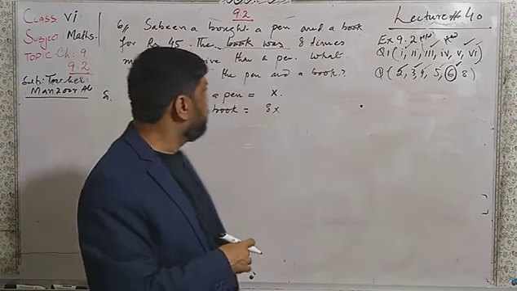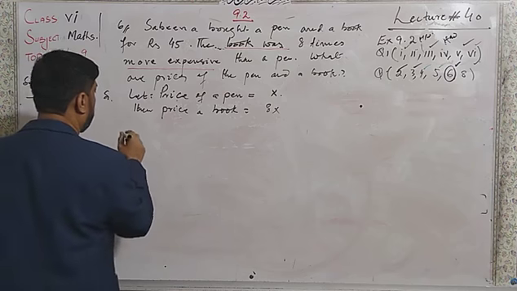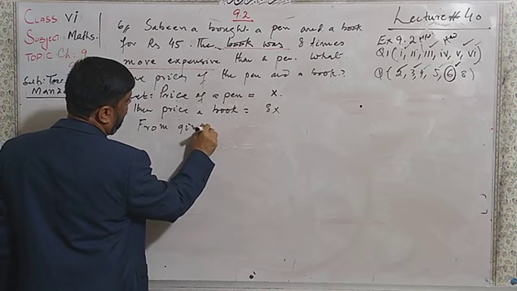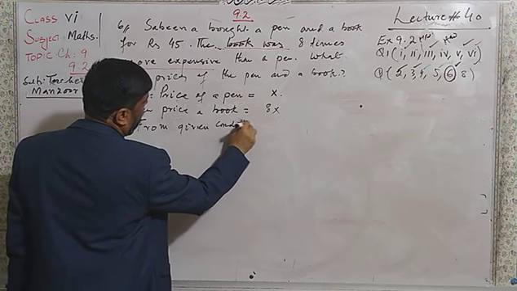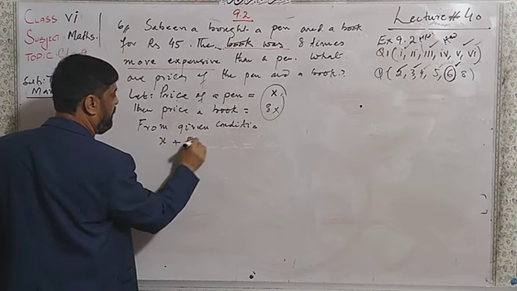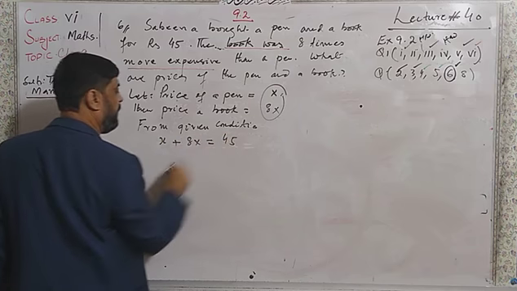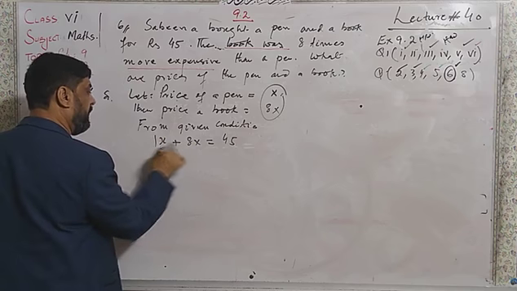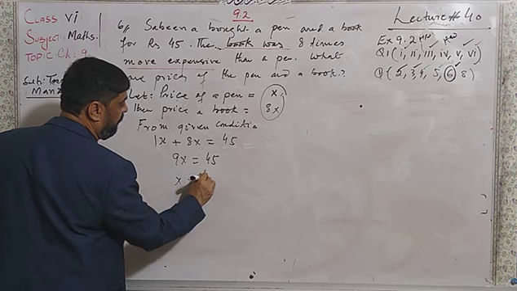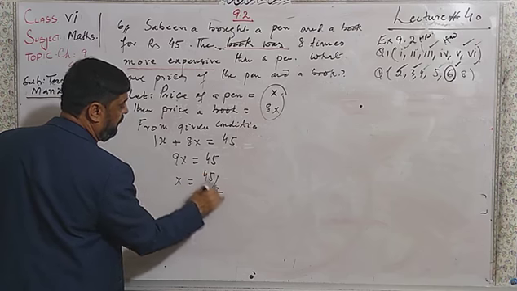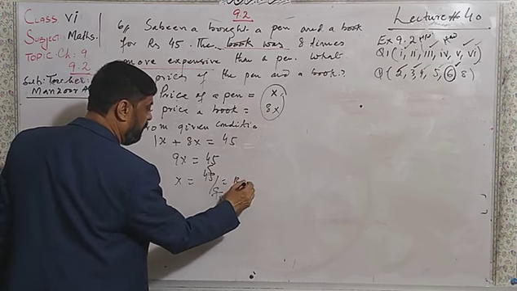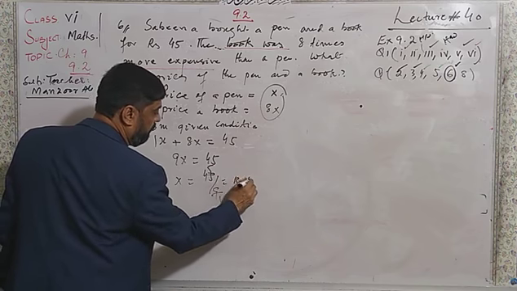Now we see the sum of both from the given condition. The sum of both means x plus 8x is equal to 45. 1 and 8 make 9x equals 45. x will be 45 divided by 9, which is 5.